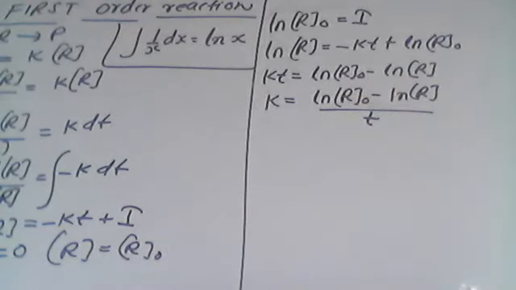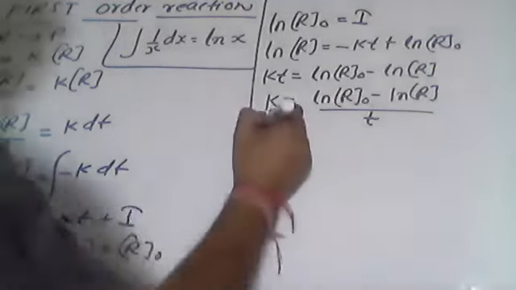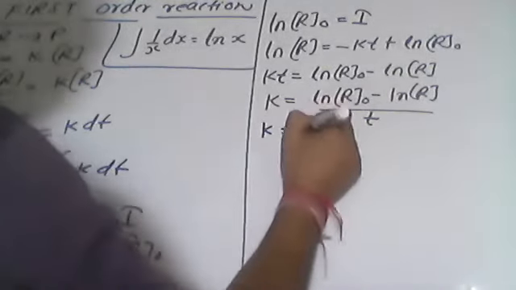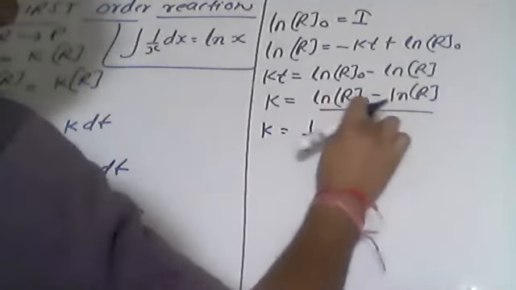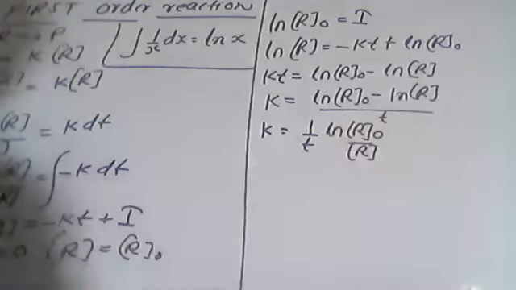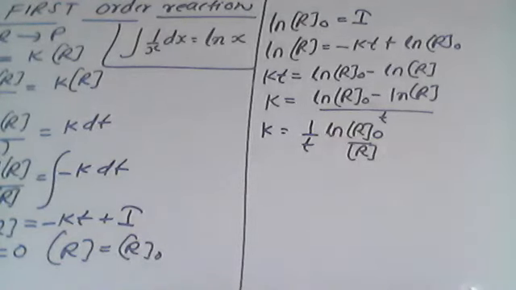Initial concentration minus final concentration, divided by t. Further, log a minus log b will be equal to natural log of [R]naught by [R]. [R]naught is the initial concentration and [R] is the concentration after time t.